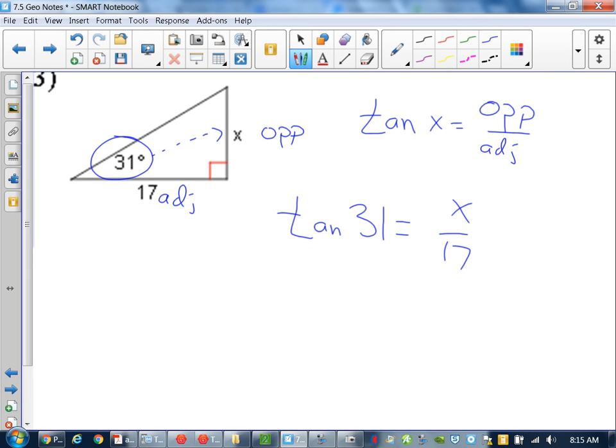Unless we don't know the angle, and we'll do that next week. Good. And that's the whole point of being able to circle, label, and go.